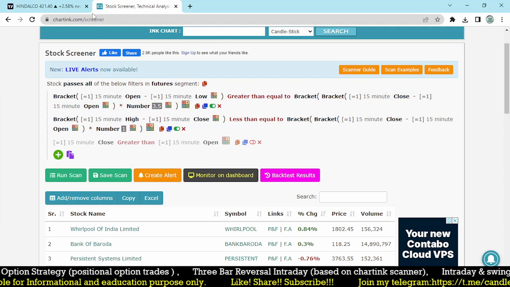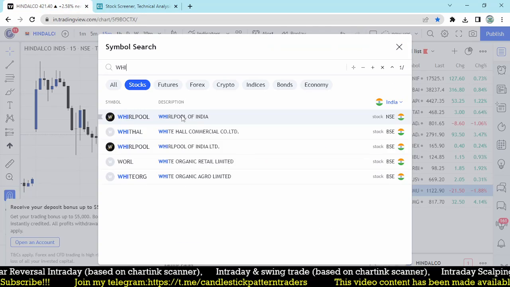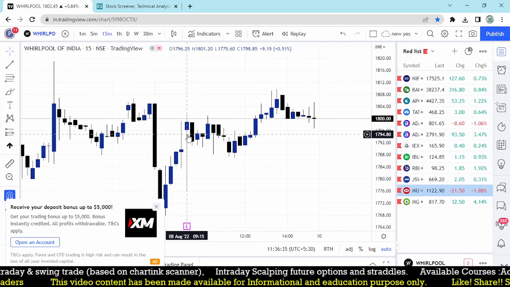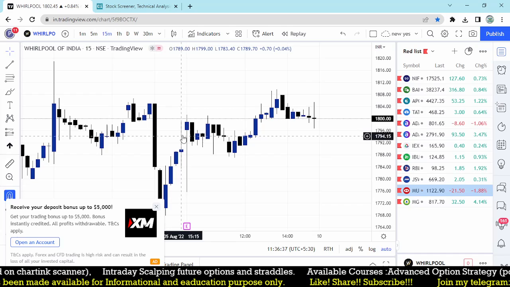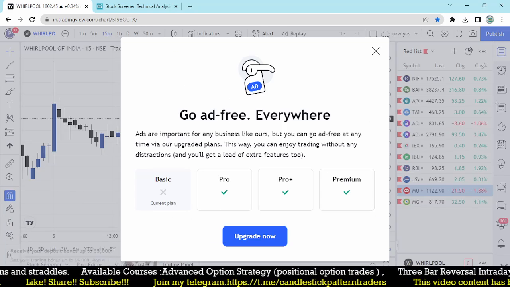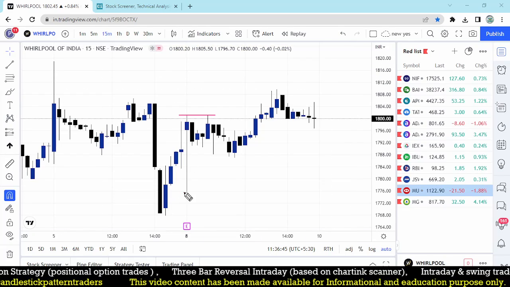So now Whirlpool India, and Bank of Baroda. Let's look at this as a big hammer candle in the first 15 minutes. For the entry, once the stock crosses above the high, use the day low as a stop loss.